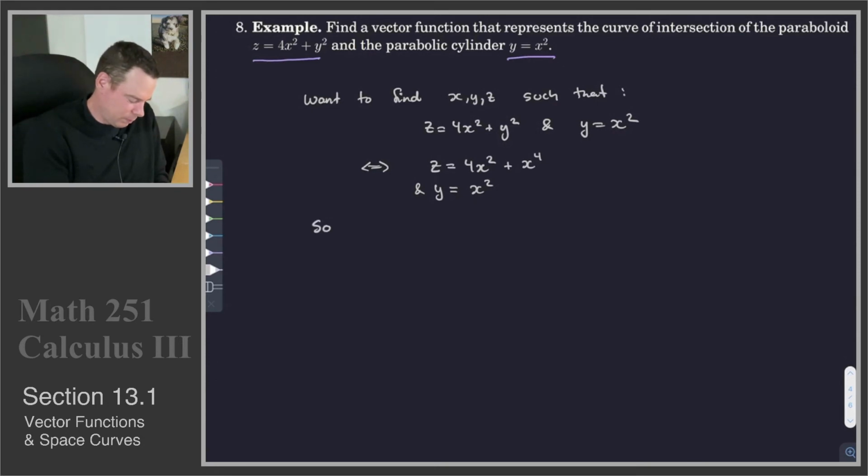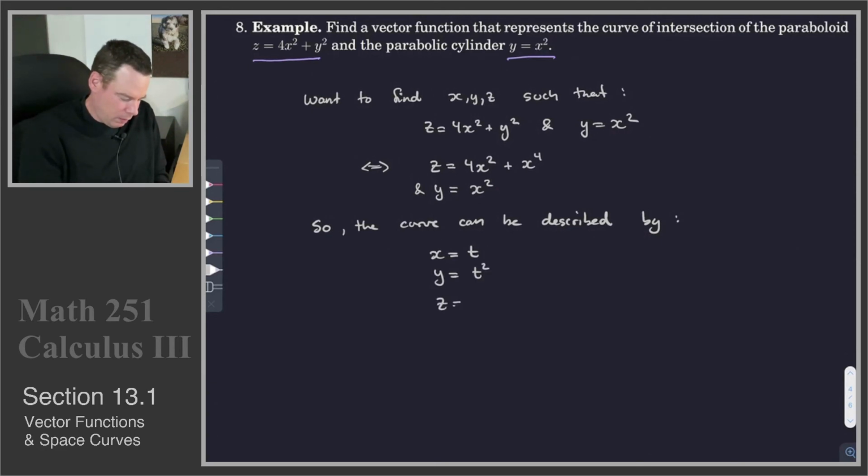So the curve can be described by x is given by t, y is given by t squared, because y is equal to x squared, and z is equal to 4t squared plus t to the fourth.